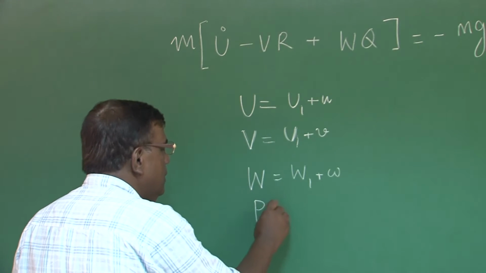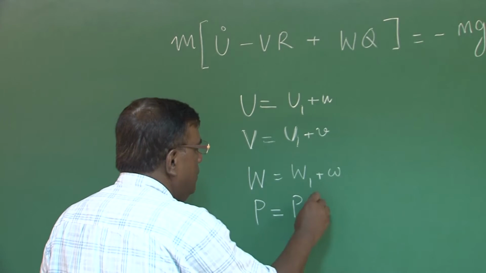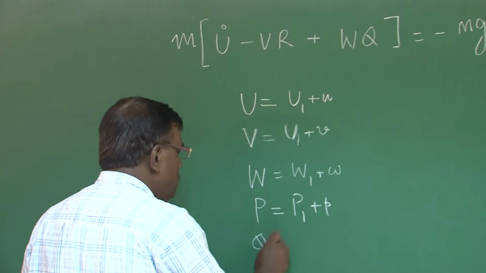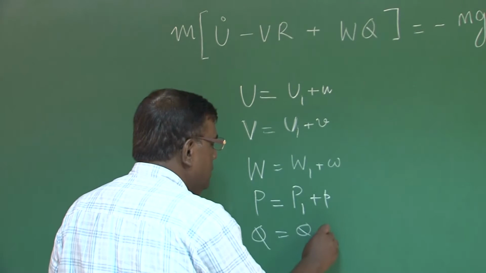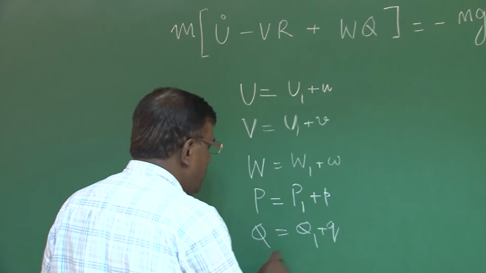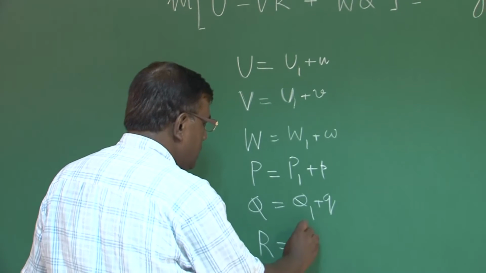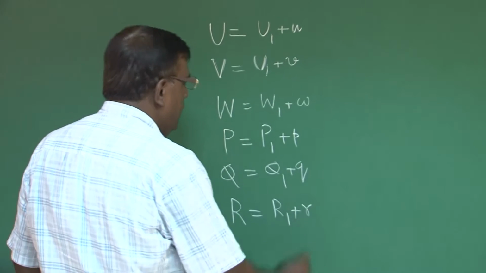Similarly, p will be p1 plus small p, pitch rate q1 at steady state plus small q, yaw rate r1 at steady state plus small r.